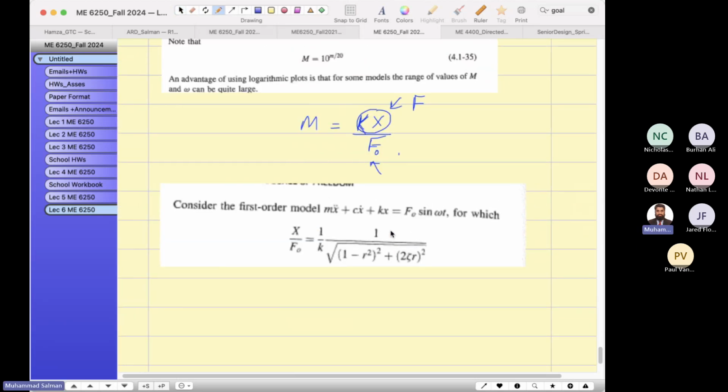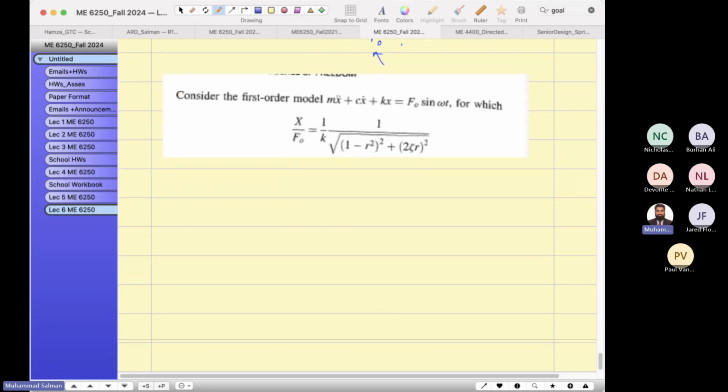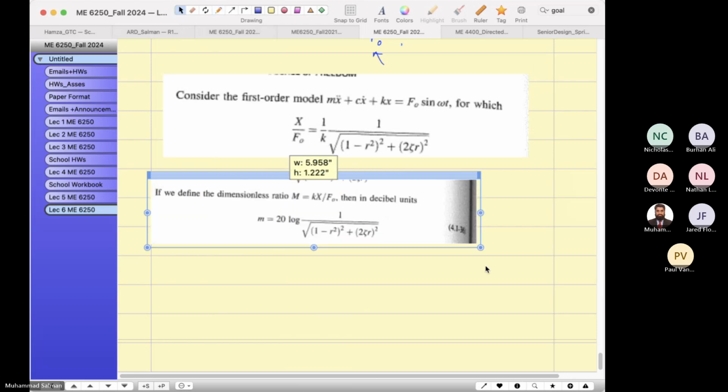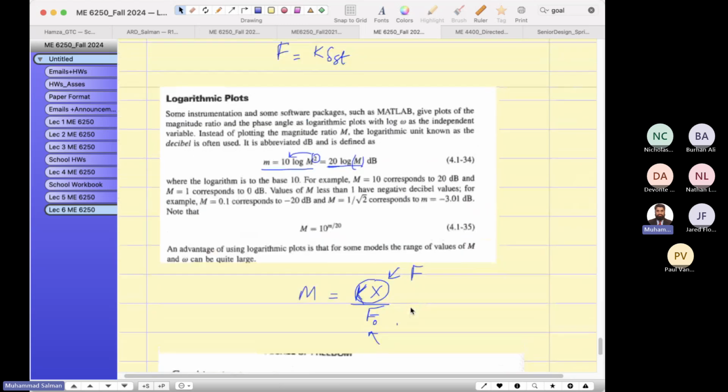Now, if I ask you, okay, guys, can you find out the magnitude ratio? As you saw here, we understood that the magnitude ratio can be written in terms of dB.